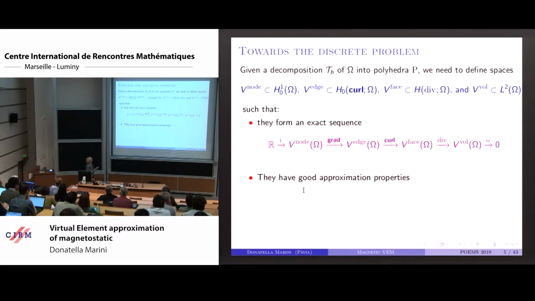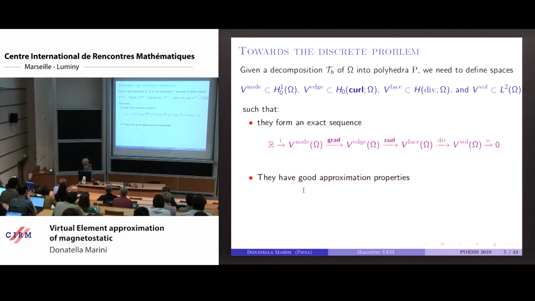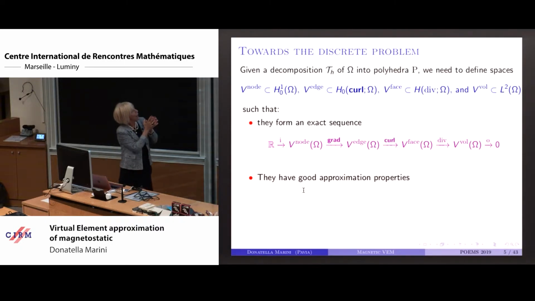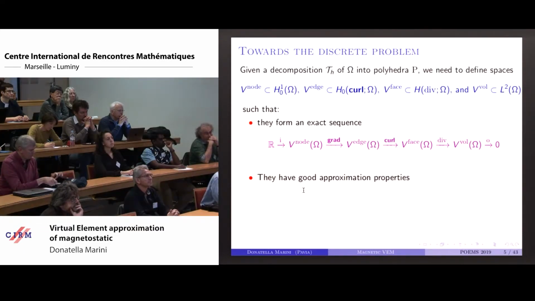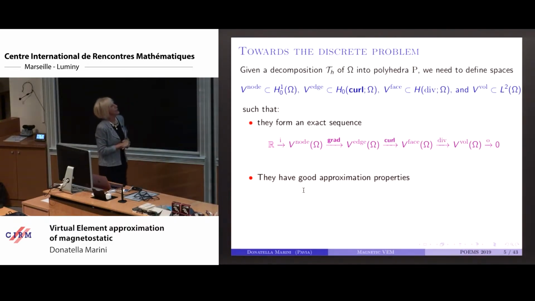So what do we want to do now? Well, first of all, we decompose our domain into polyhedra P, and we need to define finite dimensional spaces: a subspace of H10 for approximating the pressure, what I call V node, the nodal space; an approximation of H curl, where we look for H, the edge space; a V face, a space for the approximation of B, the face element, subspace of H div; and then a subspace of L2.